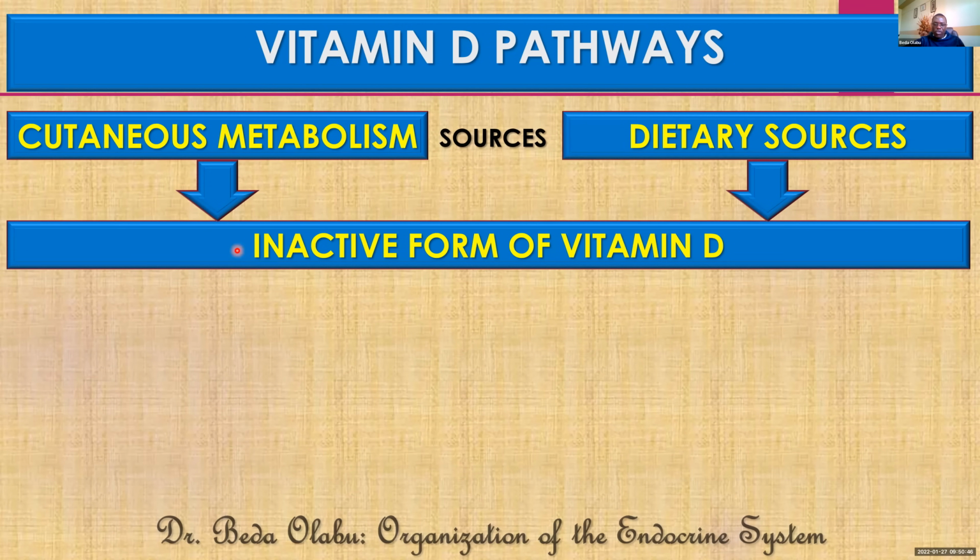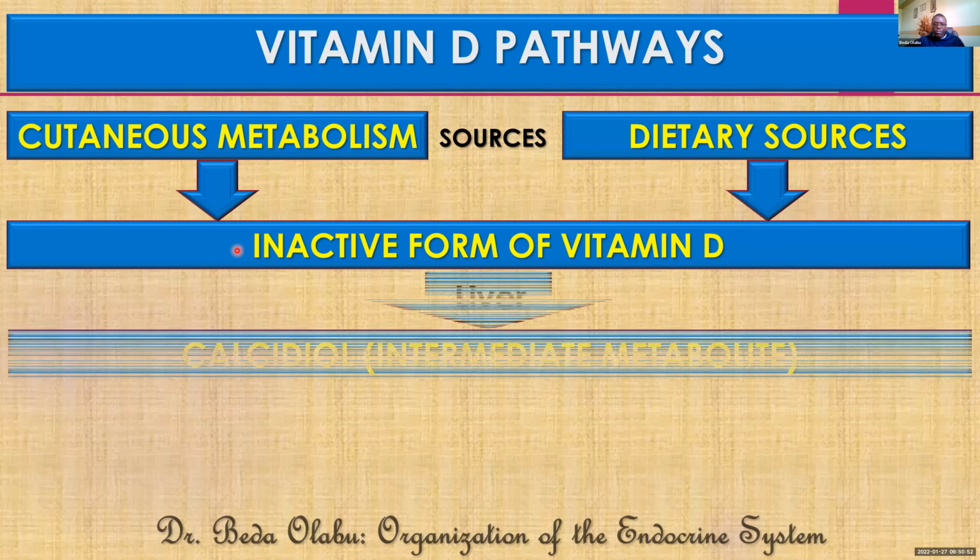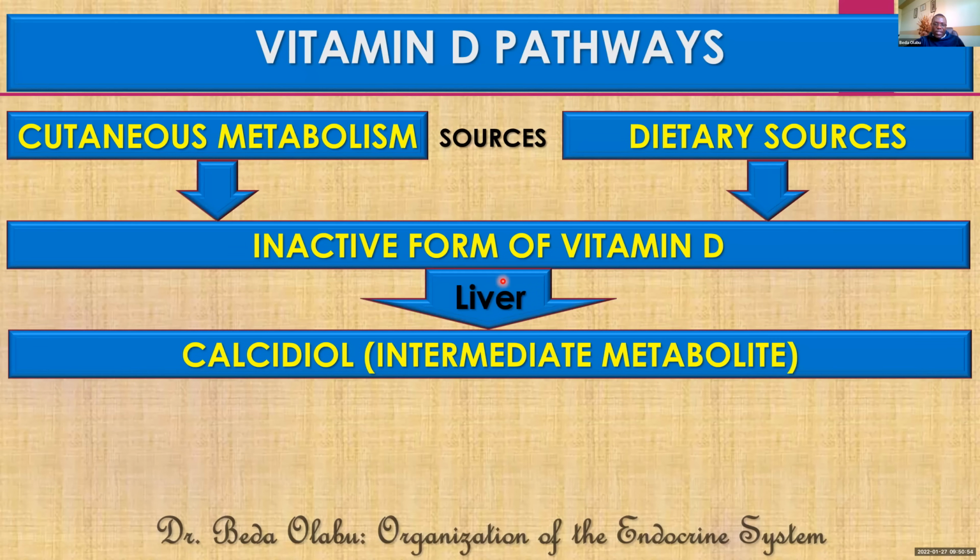It's the inactive form of vitamin D. This inactive form of vitamin D goes to the liver so that the liver metabolizes it. What the liver produces is still not the active form. It's an intermediate form of vitamin D. We call it calcidiol. So remember, it's not the active form per se.